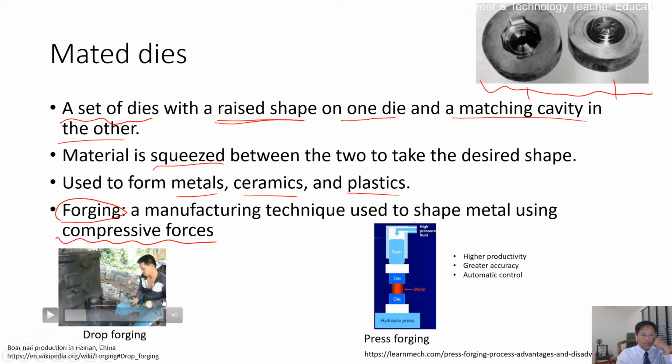They're making a boat nail. You put an object into this machine that puts force into the object by dropping a weight. So they create high speed force. That's drop forging, right?